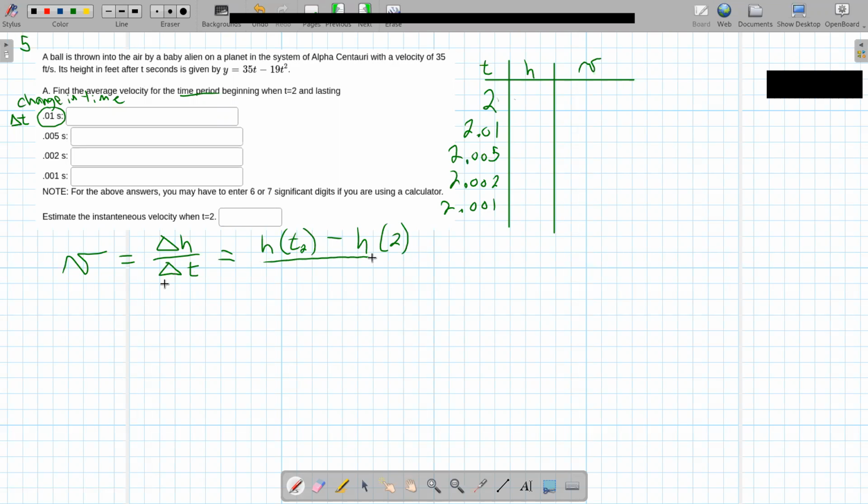And then in the denominator, it's whatever delta t is. And my delta t is either going to be 0.01 or 0.005 or 0.002 or 0.001. And my t2s are always going to be 2 plus whatever value of delta t I'm using, right? 2 plus 0.01, 2 plus 0.005. And so this is the way I'm going to enter it into my calculator, sort of. We'll see.